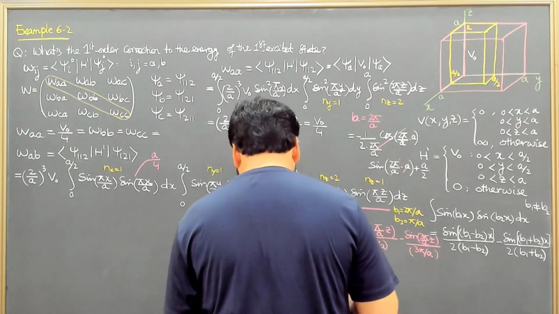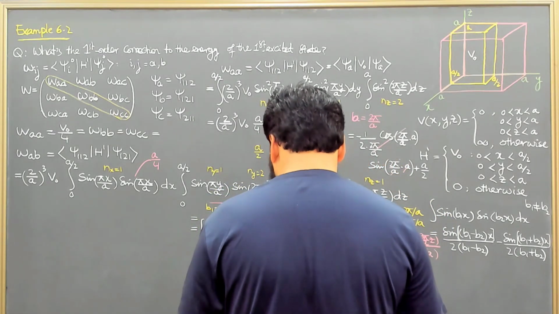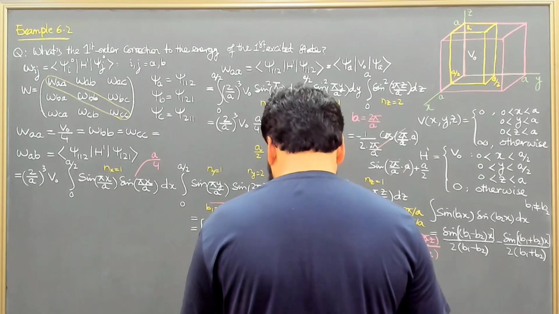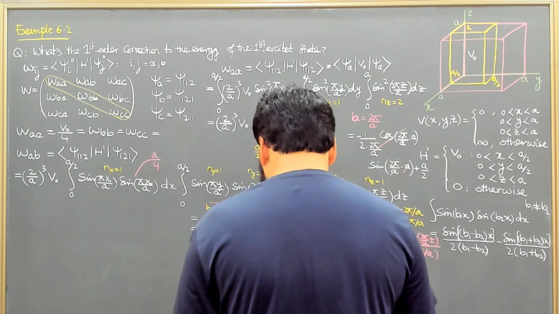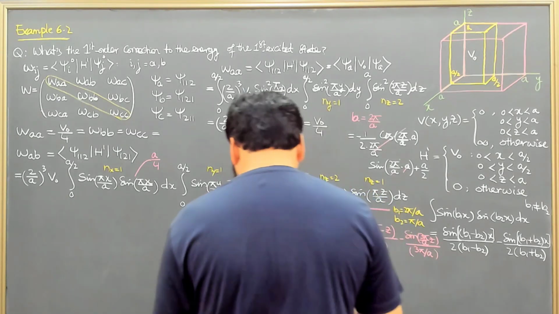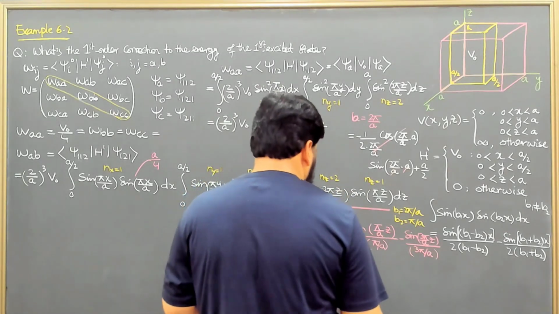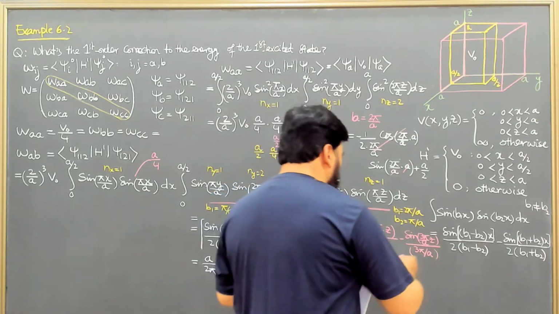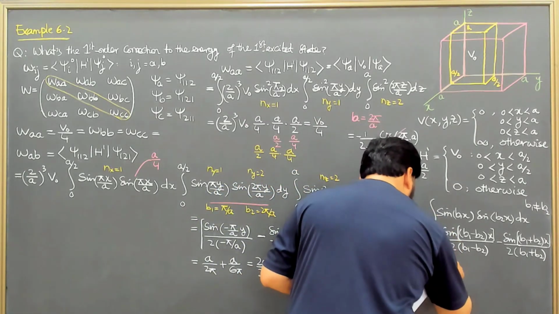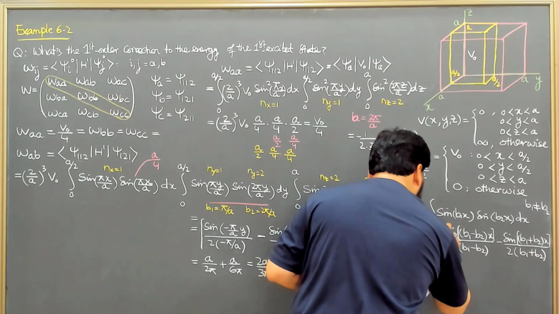Now 3 pi over a and this. So here we have the result. Now putting the limits, because they are inside the limit from 0 to a.